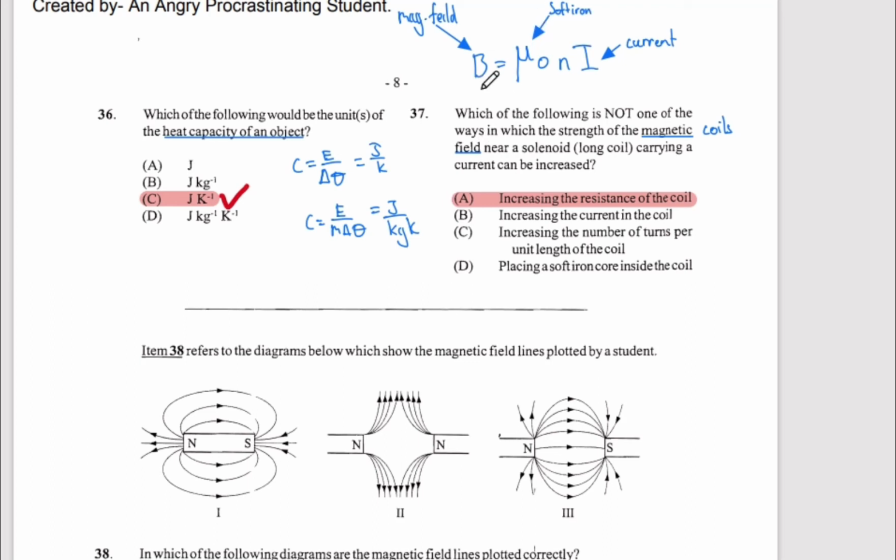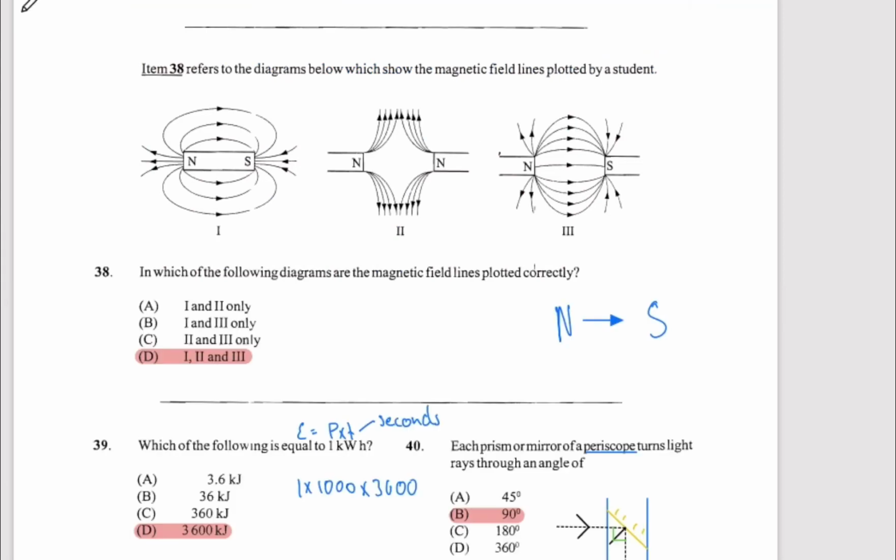37 says, which of the following is not one of the ways in which the strength of the magnetic field near a solenoid or a long coil carrying a current can be increased? And that's A, increasing the resistance of the coil. Item 38 refers to the diagram below, which shows the magnetic field lines plotted by a student.